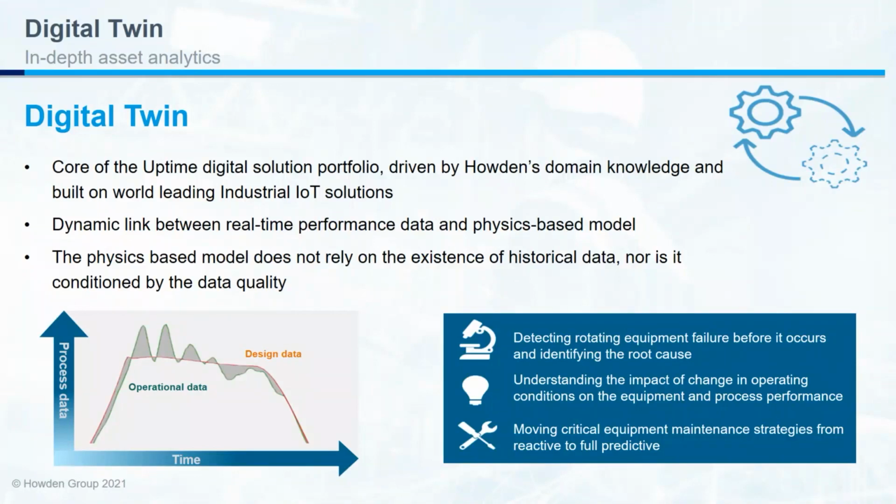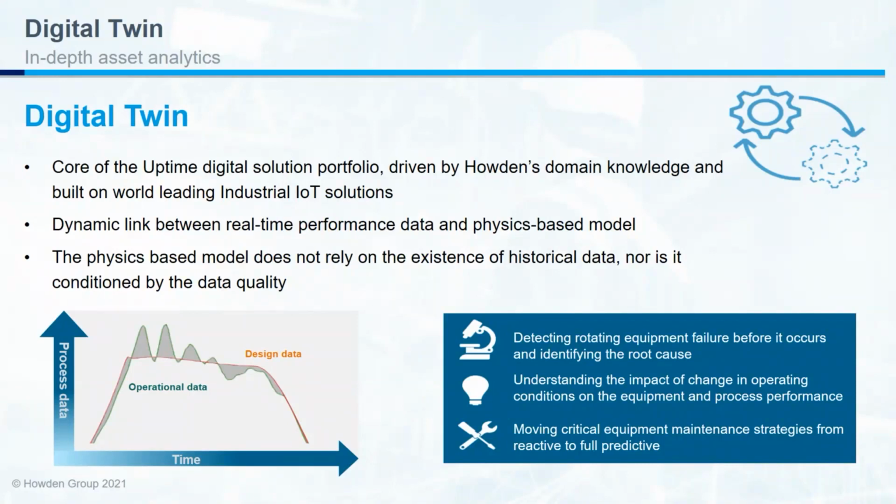Looking at the model-driven digital twin, that is based on the OEM knowledge that Howden has, with more than 160 years of experience with a lot of our products. We currently have that running for reciprocating compressors and turbo blowers. The beauty of this is that it uses the fan selection or compressor selection models that we have within Howden, and these are connected in real time with the measurements that we are doing on site.